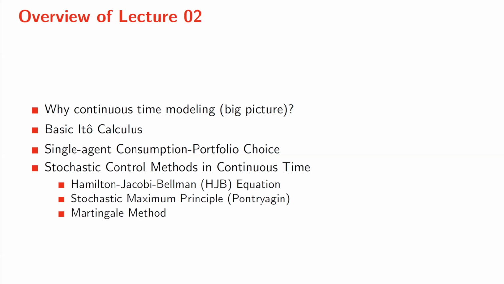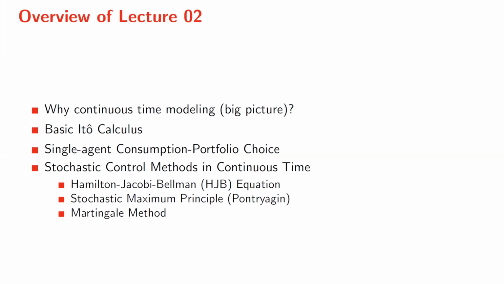After we have seen why continuous time modeling is so much more attractive than discrete time modeling, we will now go into the basics of Ito calculus, stochastic calculus, before we study a single agent consumption portfolio choice in a partial equilibrium setting where the return and the price process are exogenously given.